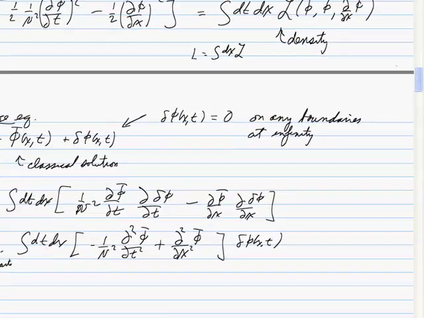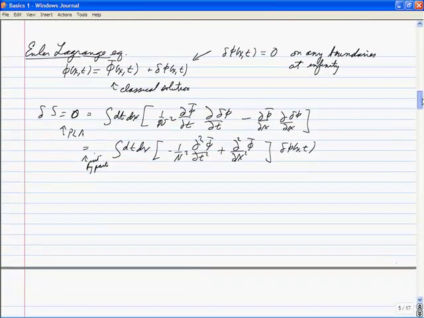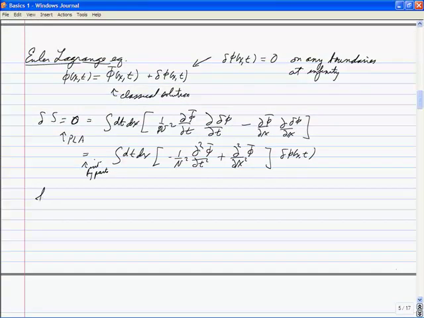And the usual argument then is that if this is true for any possible delta phi of x and t, then the quantity in square brackets has to vanish identically at every single point in x and t.